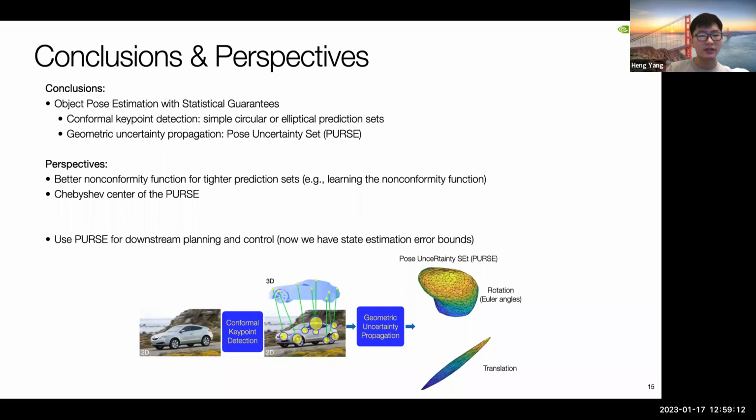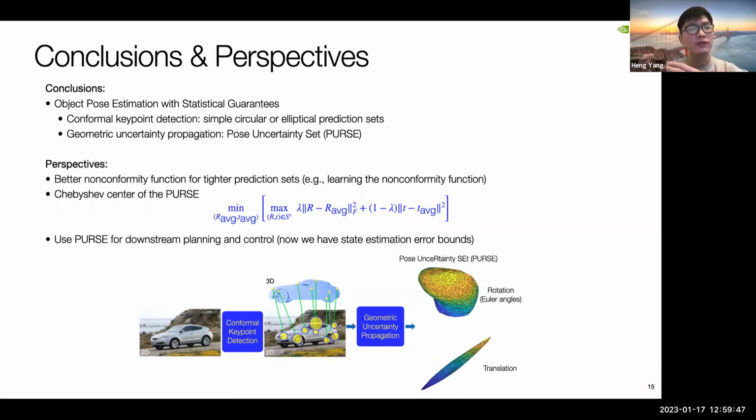And the second thing that I think is more interesting is to compute the Chebyshev center of the pose set. The thing I'm really interested in is this min-max problem, right? Given any average pose, I will be able to give you a bound. So can I find the average pose that gives me the minimum bound? This is really interesting, because it is in stark contrast with existing works in computer vision where they have to handcraft a cost function to get some pose estimator.